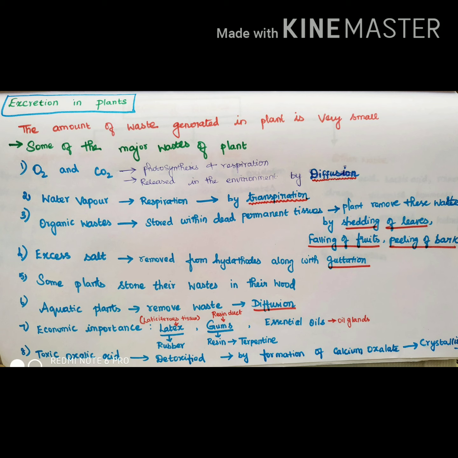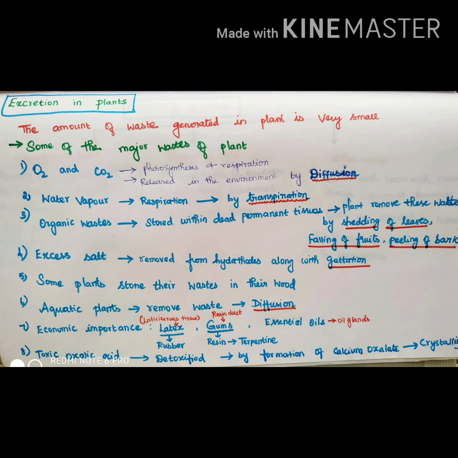Such a substance is oxalic acid, and it gets detoxified, losing its toxic effect, by the formation of calcium oxalate. By producing calcium oxalate, the toxic oxalic acid is detoxified and released in crystallized form. So these are all the major waste products released by plants.